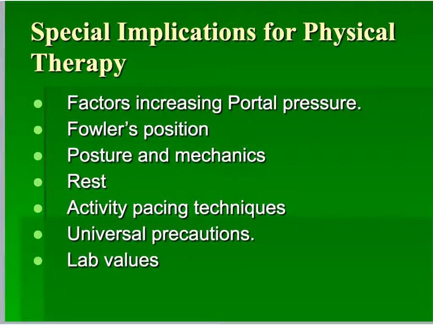But if their platelet levels are less than 20,000, then we want to avoid resistance exercises with these patients because they're at increased risk for bleeding and internal bruising. The hematocrit levels also sometimes may be reduced, so that may reduce the oxygen carrying capacity. That's an important thing to think about in these patients.